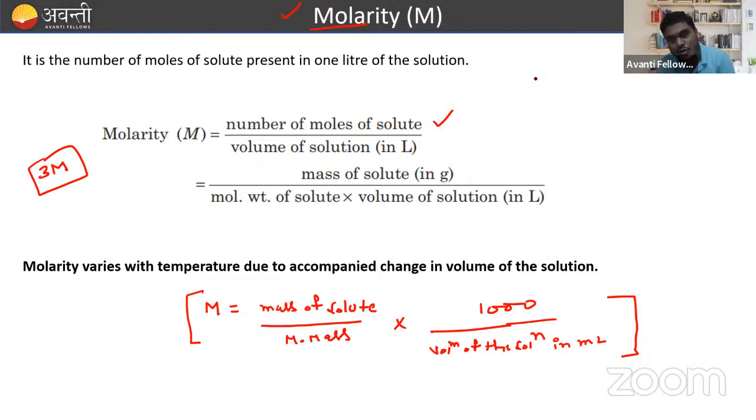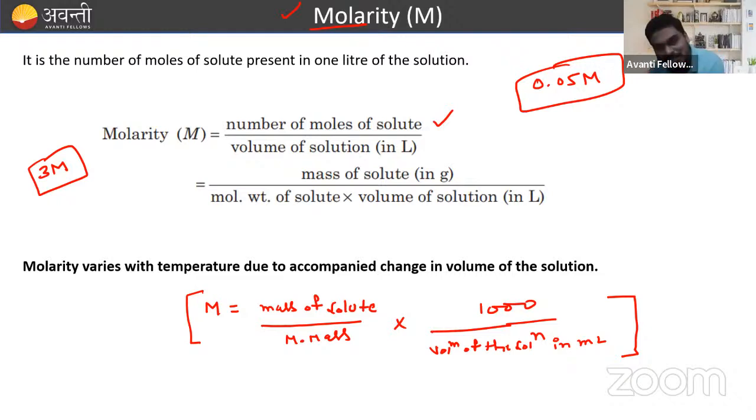Similarly, if someone says this solution is 0.05 molar, what does it mean, beta? It means 0.05 moles of the solute dissolved in 1 liter. So this is the significance of these things, right? Because you observed this in your 11th class as well, many questions like 0.05 molar of the particular solute dissolved to give this, right?